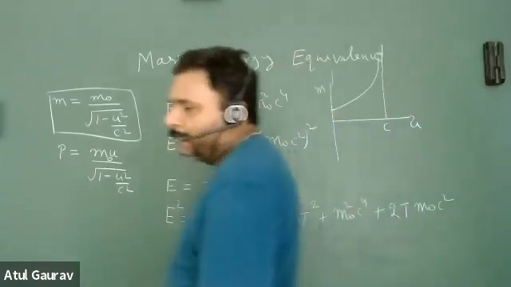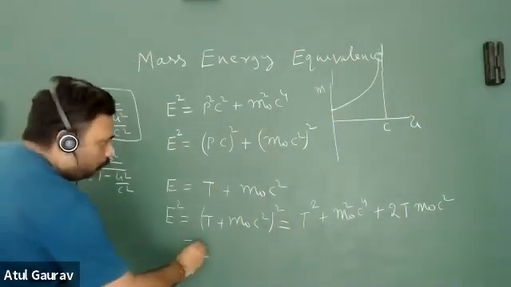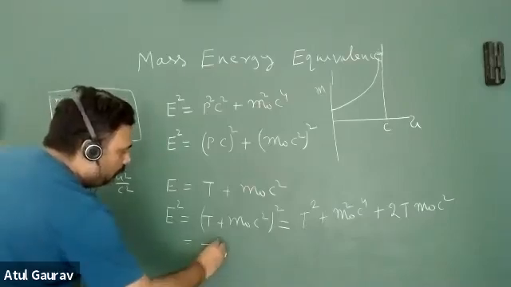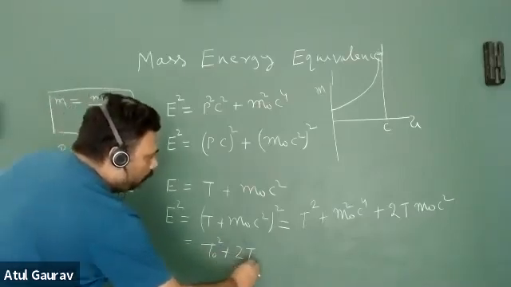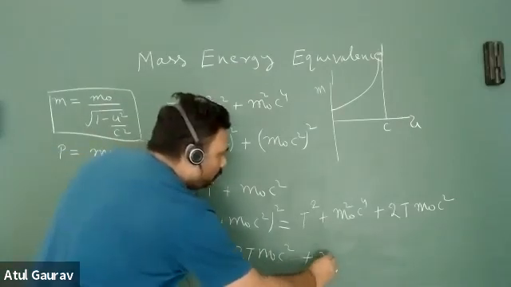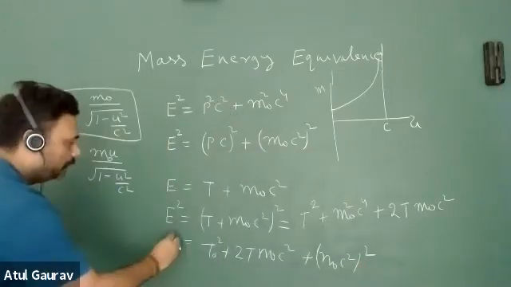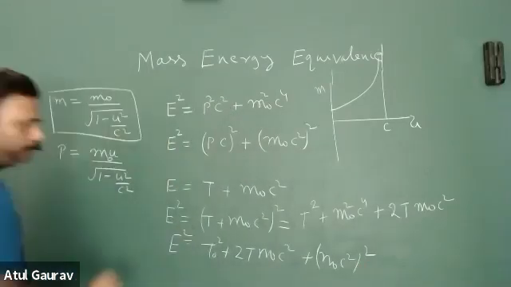So this can be written as T square plus 2T M naught C square plus M naught C square whole square. And this is your E square.